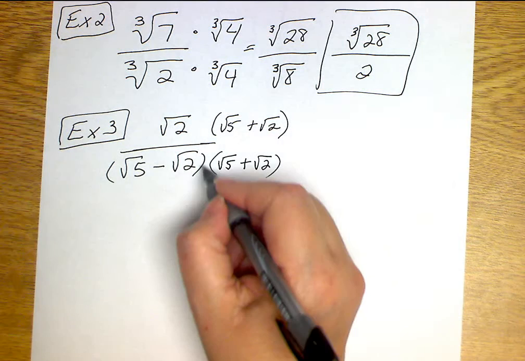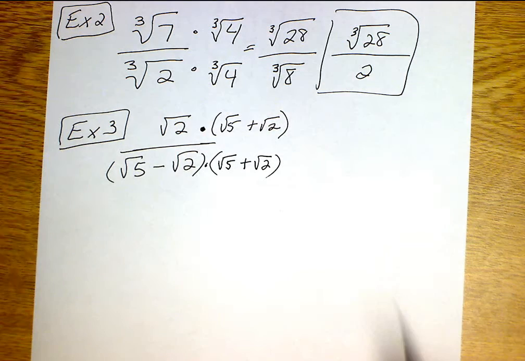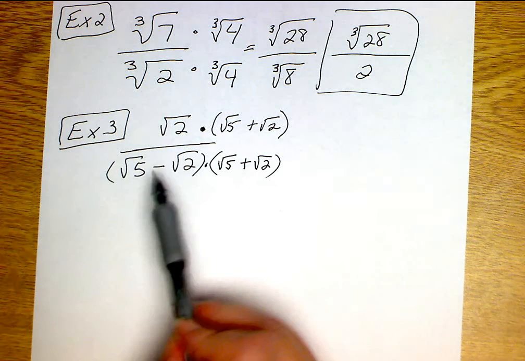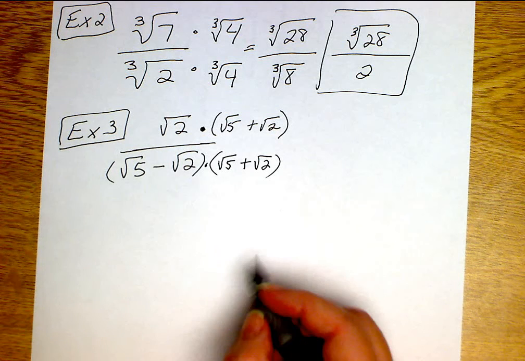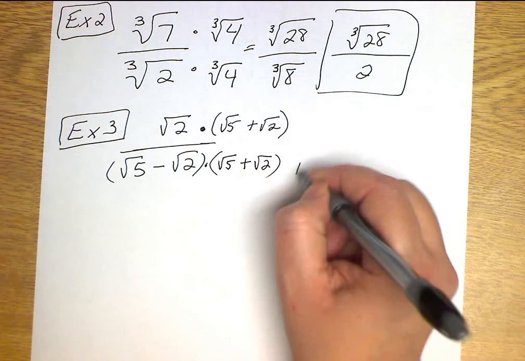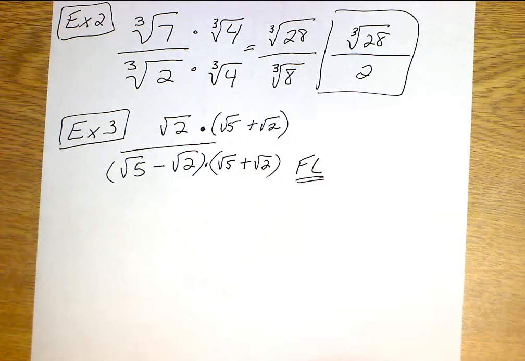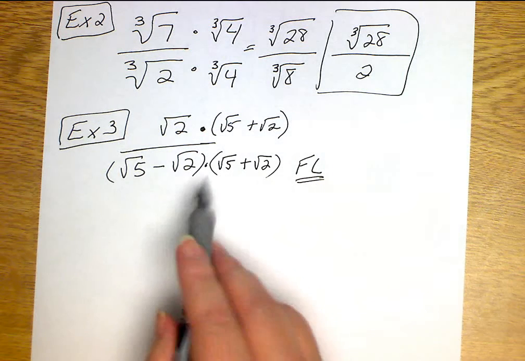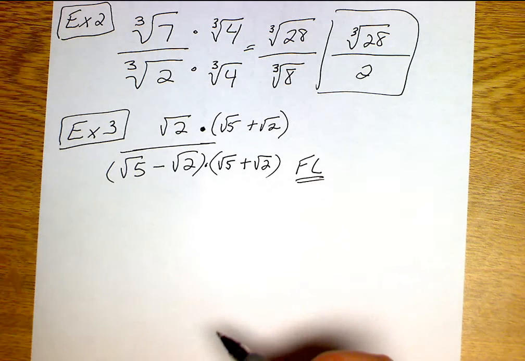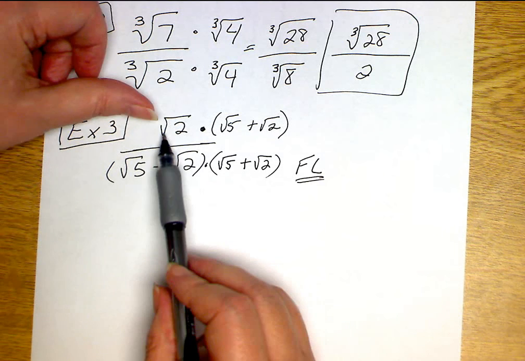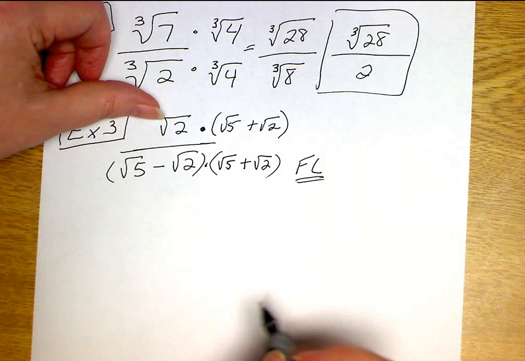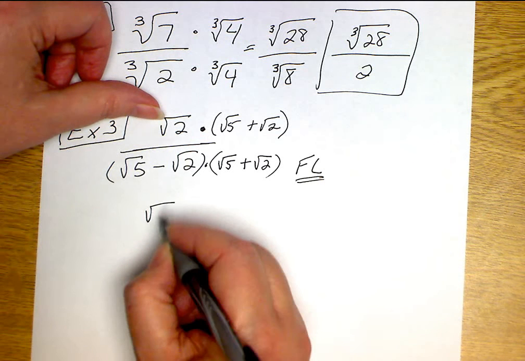Multiplying. If you remember, if they're conjugates, you can always do the FL, the first and last. If you don't remember that, you can multiply them out and the middle will drop out. Alright, so on the top we have the square root of 2 times the square root of 5, which is square root of 10.